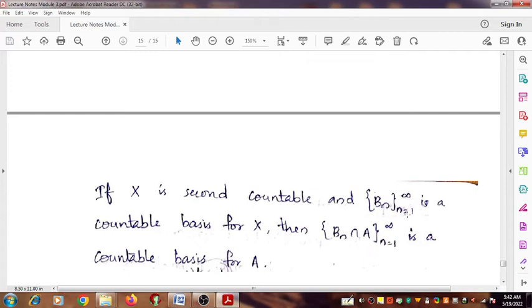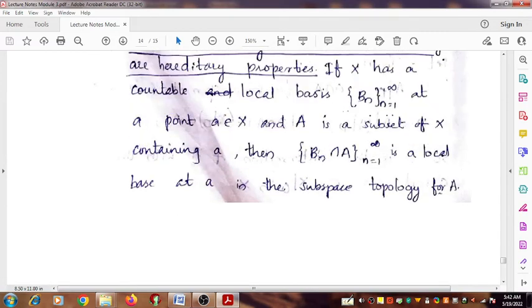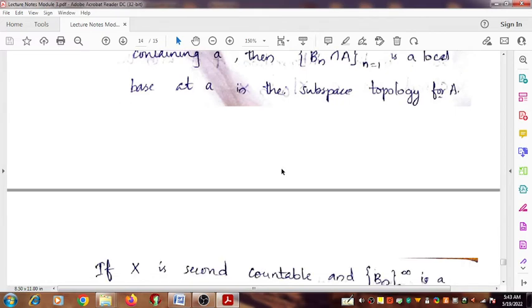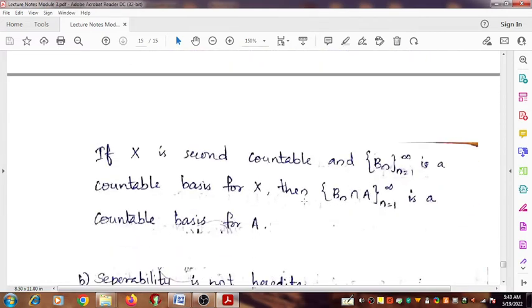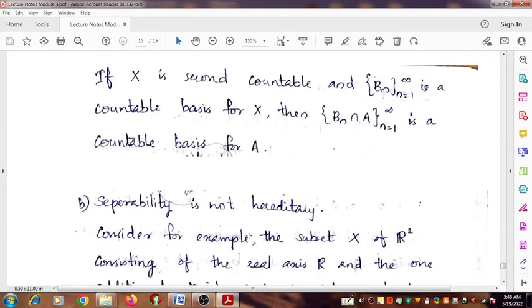Let Bn, where n varies from 1 to infinity, be a countable basis of X. In a similar way, we can define a new collection by taking the intersection of the members of that countable collection with the subspace A. Thus we get the collection Bn intersection A as n varies from 1 to infinity. We can verify that it acts as a countable basis for the subspace A.